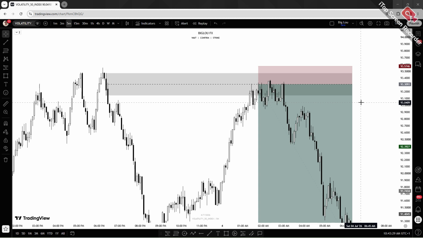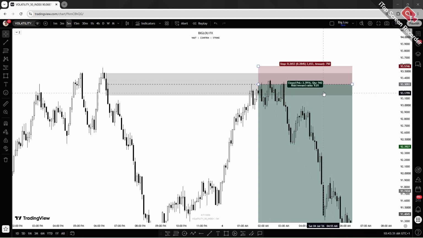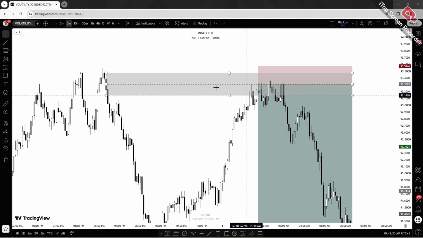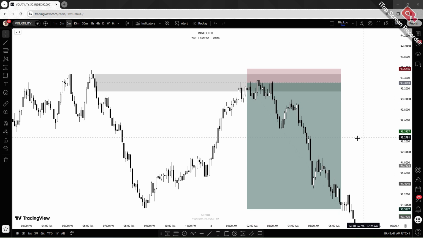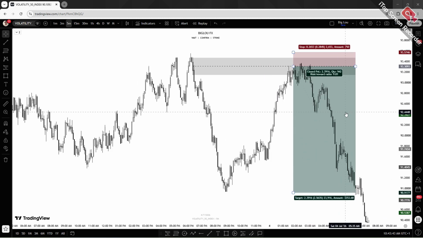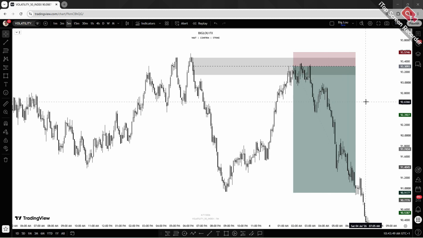And you can see if you take your trade from the 50% of that zone, a 1 is to 5 trade becomes a 1 is to 9 trade. 50% of the zone is here. All right, this is an extra refinement. You are refining it to the extreme. So you get a 1 is to 9 trade just by taking the trade from the 50%.